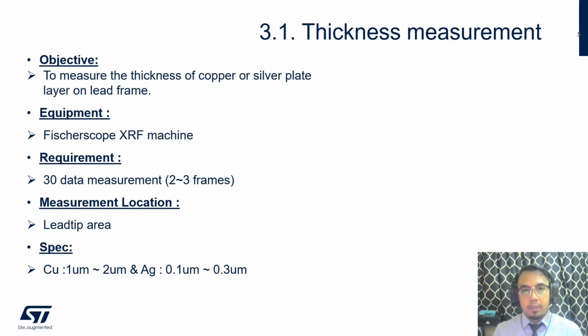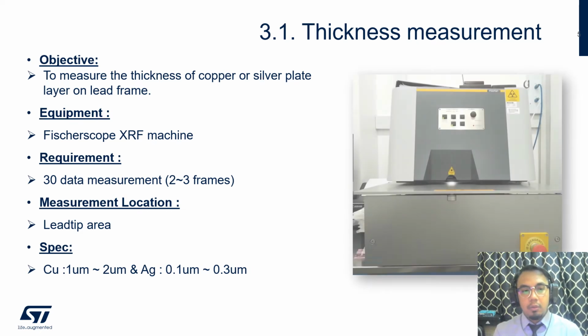The first one is the thickness measurement. The objective of this measurement is to measure the thickness of the copper or silver plate layer on the lead frame. This measurement uses the Fischerscope XRF machine as the equipment, and this process requires 30 data measurements, which is 2 or 3 lead frames.